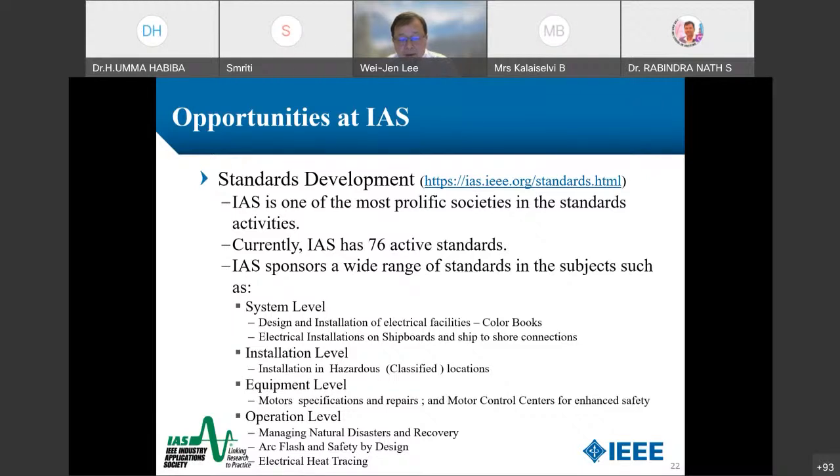As you heard in my introduction, I have been involved in several standards, the most recent being IEEE 1584, the arc flash standard. Our research group developed all the estimation formulas and equations used inside the standard.